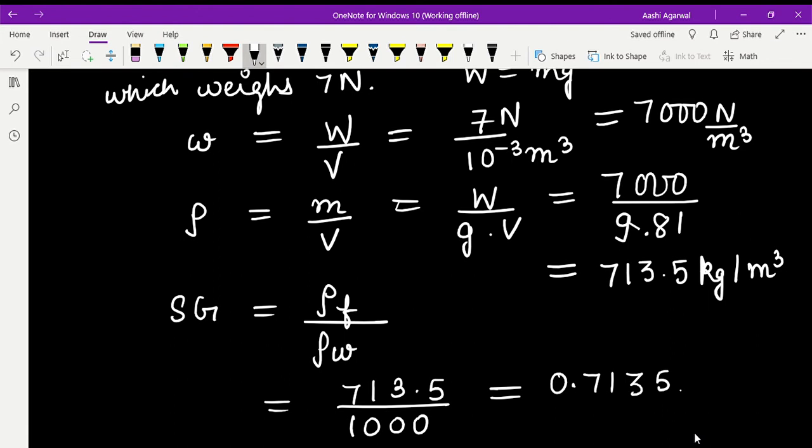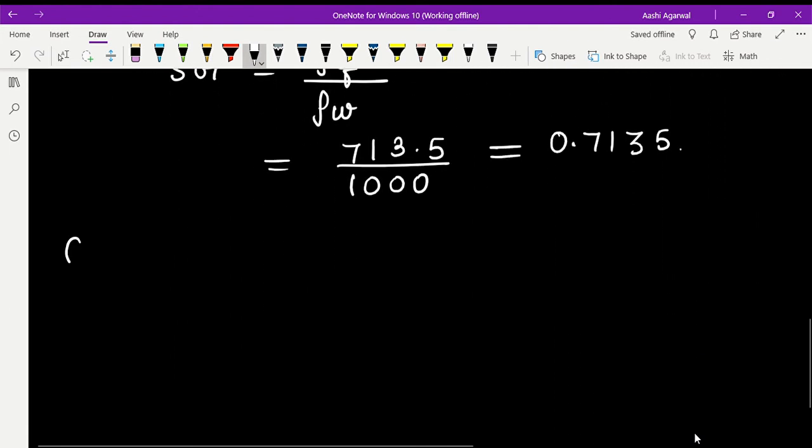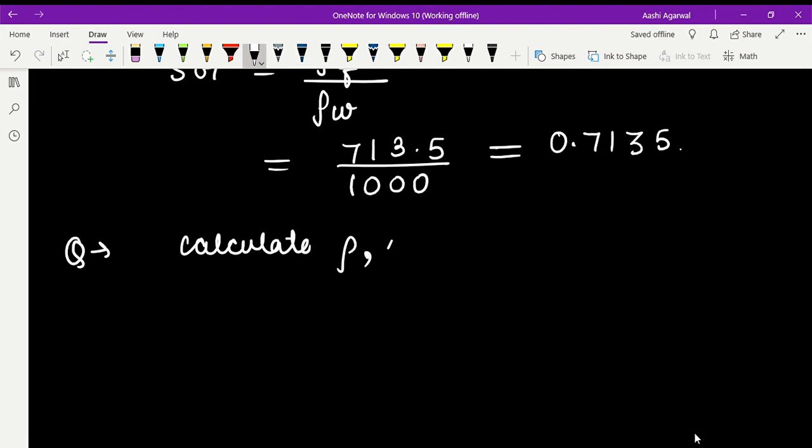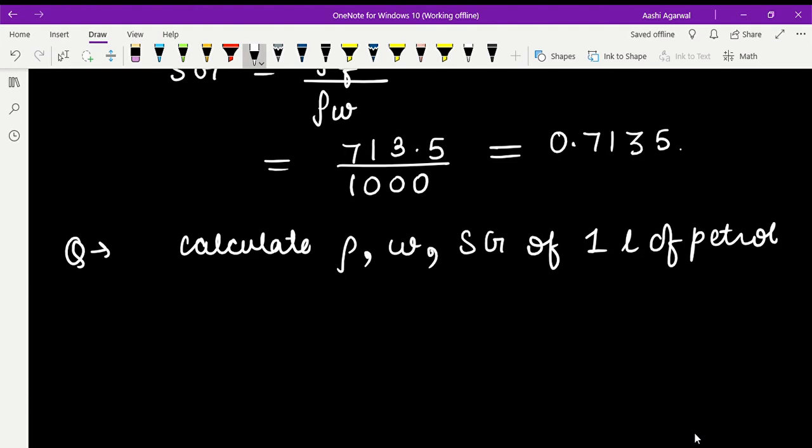Now I'll give you a problem based on the concept which we have discussed above. You have to calculate the density, specific weight, and specific gravity of 1 liter of petrol weighing 6.867 Newton.